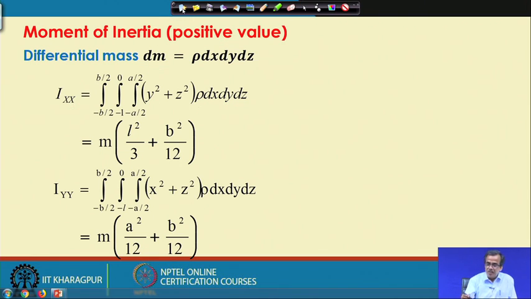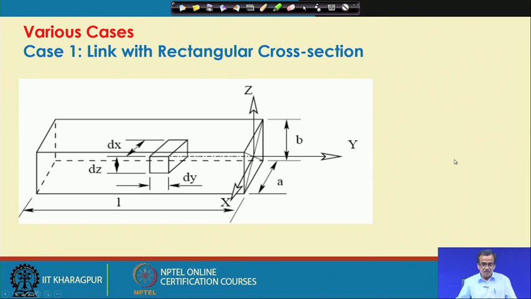Now, let us go back to the previous slide. Here we are going to find out the limit for dx. This is the x direction, and along this direction the total dimension is a, with the origin at the midpoint. So, x will vary from minus a by 2 to plus a by 2. What should be the range for y?